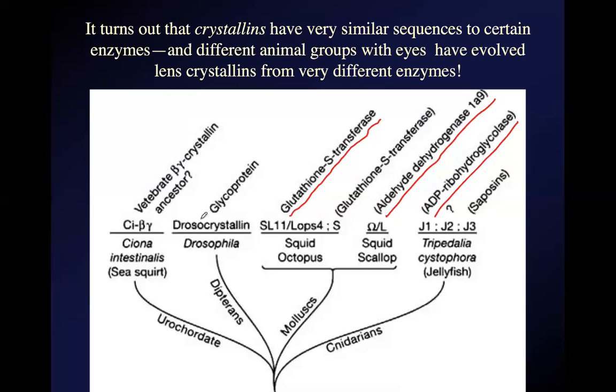That's exaptation for you. It doesn't really matter what the molecule is. What matters is that it's got the shape that's needed for a particular function at a particular time. And that's why groups with eyes have evolved such different lens crystallins.